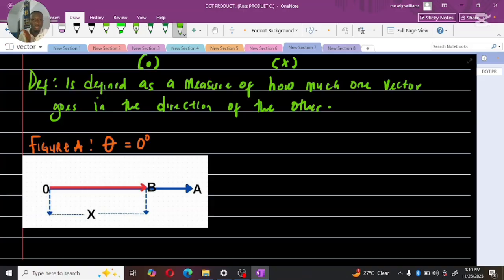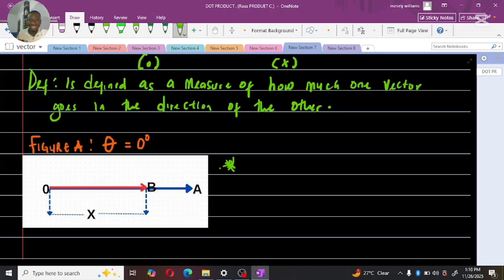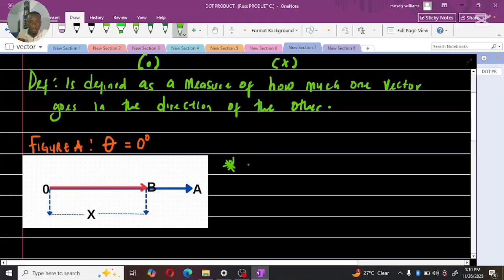And at this point, what do you observe? The key thing you need to note is that when two vectors have the same intention, which means when they are going in the same direction, just like A and B do here, their dot product is very large.